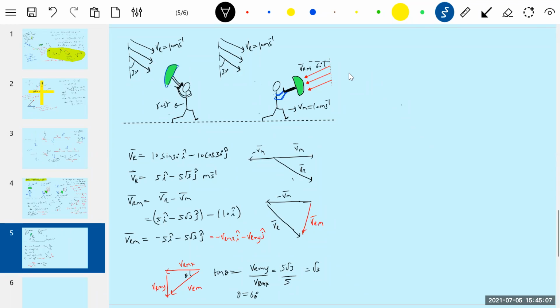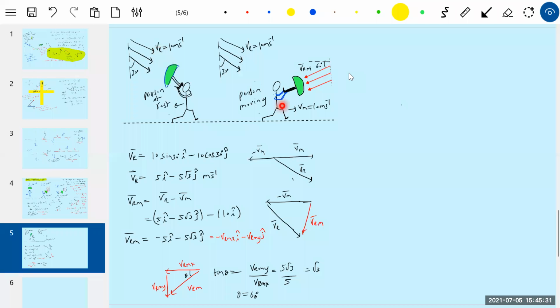Now if he stops running, what is the state? Person at rest. I'll write this nearby, so you at least get an idea. Person moving. If he is at rest, again he should rotate the umbrella against the VRM bar. The VRM bar will not change direction.